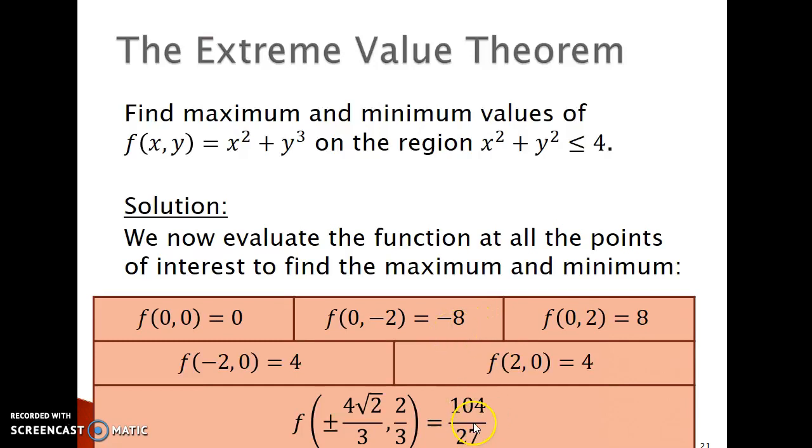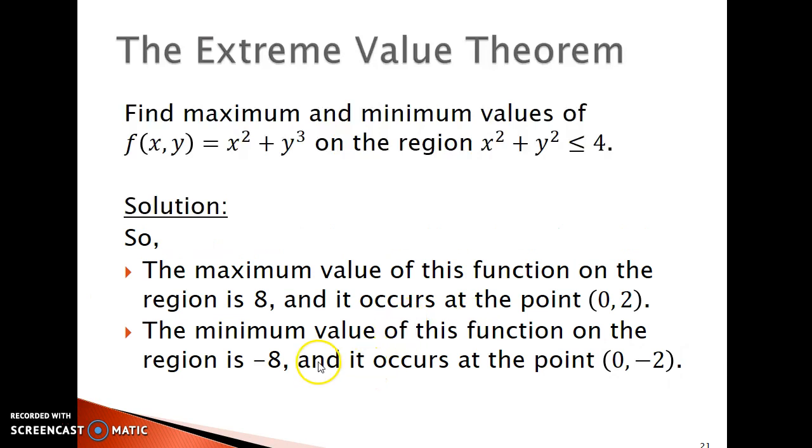You can do a little arithmetic here on your calculator to verify that 104/27 is smaller than 8. So maximum value is 8. It occurs at the point 0, 2. Minimum value is negative 8, and it occurs at the point 0, negative 2.